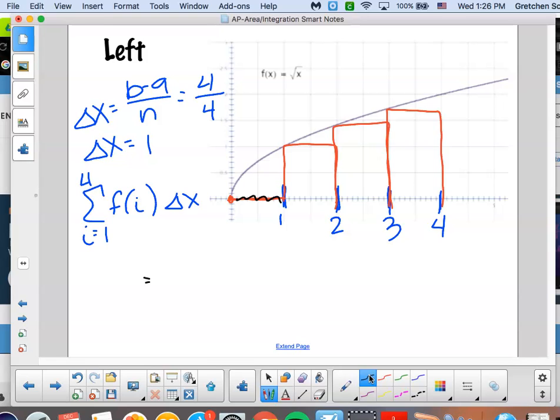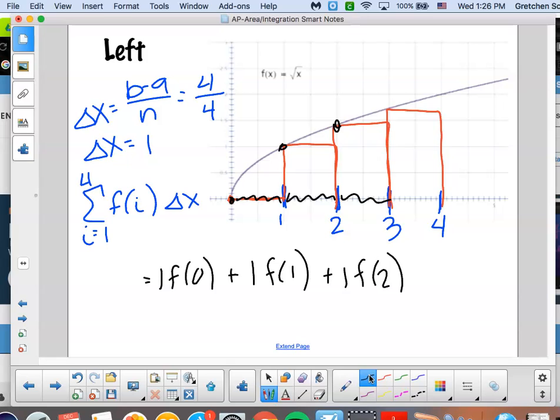First rectangle has a width of 1. Its height is based off of 0. The second rectangle has a width of 1. Its height is based off of 1. The third rectangle has a width of 1. Its height is based off of 2. Fourth rectangle, width of 1. Height is based off of 3.